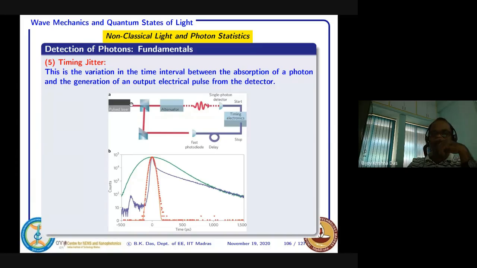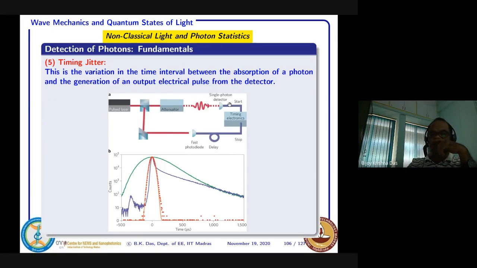Then you can just start and stop triggering for a certain time window that you try to measure. Within that time window, the pulsed laser signal coming here, because it is a very fast detector, you are measuring here. With that delay you can control, and through this attenuator you are bringing the light down to approximately a single photon level.